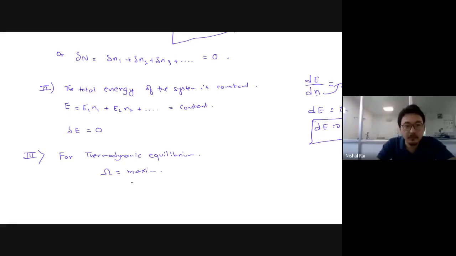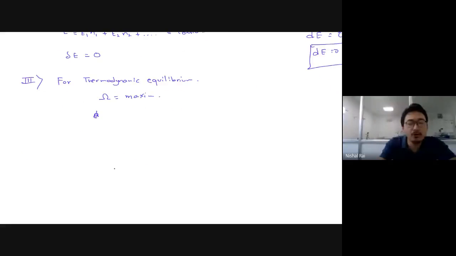Clear? Do you all remember, because we have discussed this explicitly, why for thermodynamic equilibrium your total number of microstates, or thermodynamic probability, should be maximum? We have discussed it previously. Do you all remember?